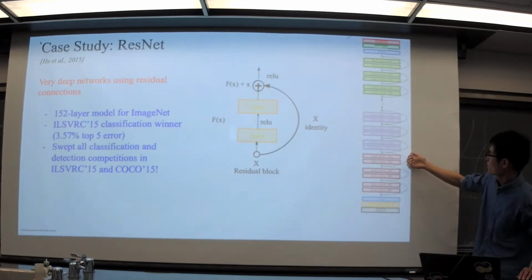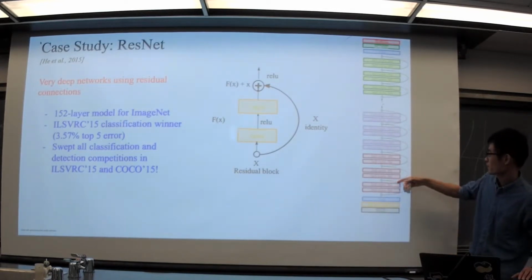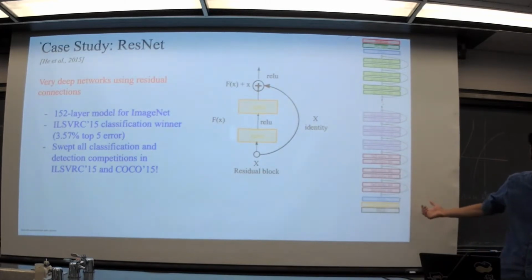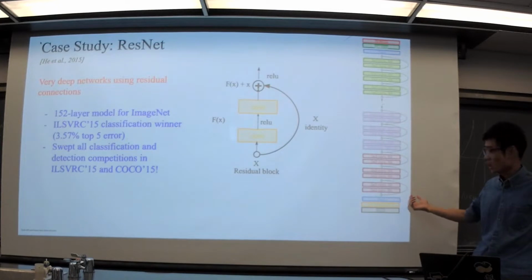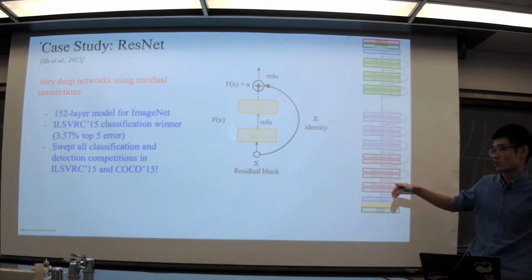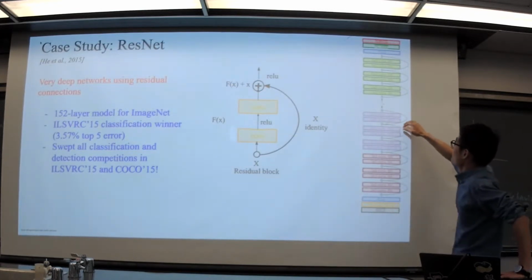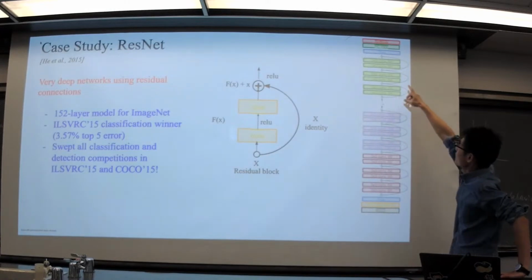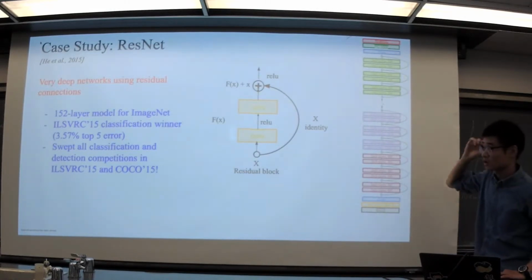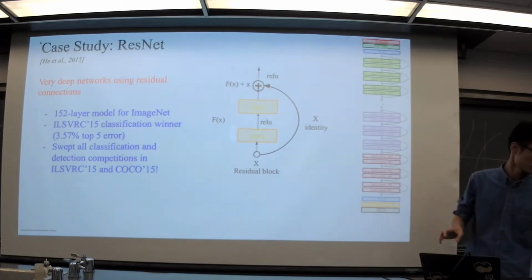The channels first get bigger from 64 to 128 to 256 and 512. And then from 512 they go down. And finally we get a pool and FC 1000, because ImageNet has 1000 classes.